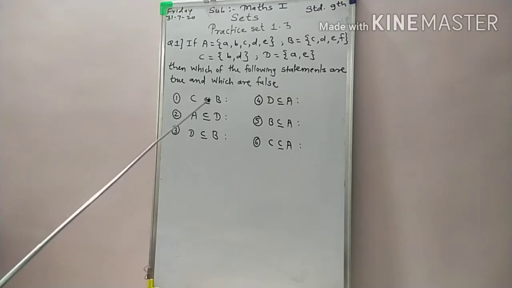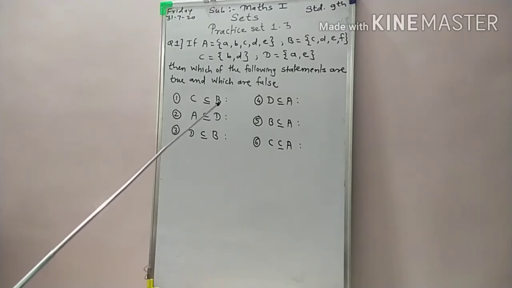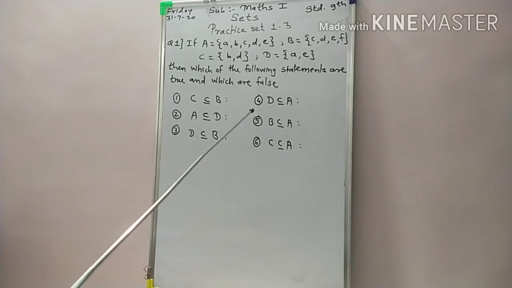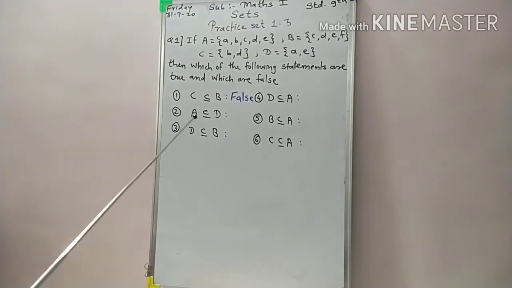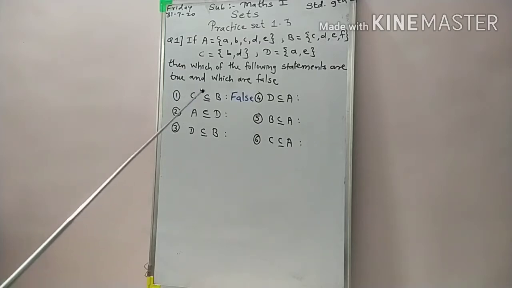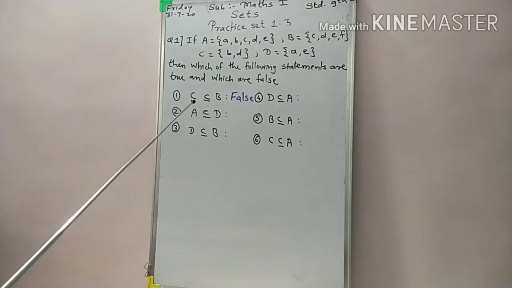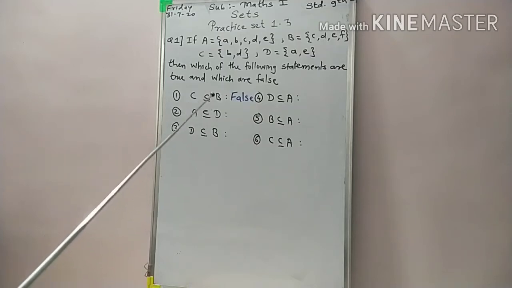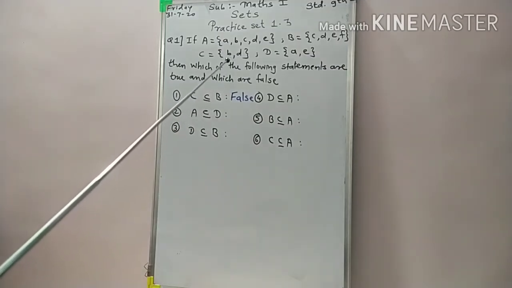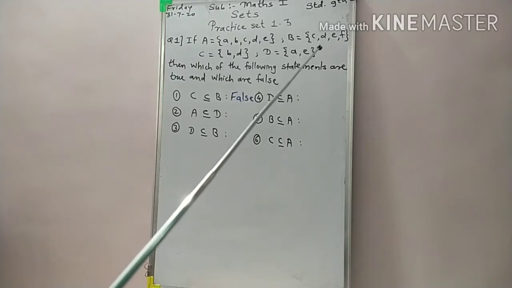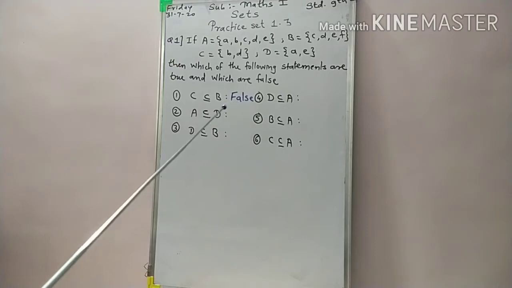C is not a subset of B. That statement is false. Understood, students? Because the subset relation says that all elements of C must be in B, but as you notice, the element B is not in set B, so the first statement is false.